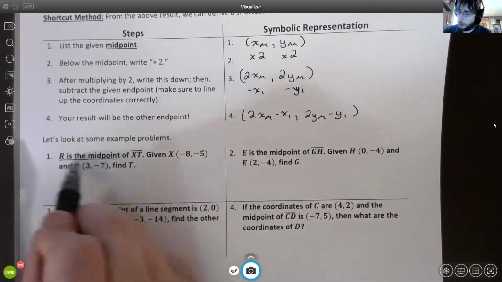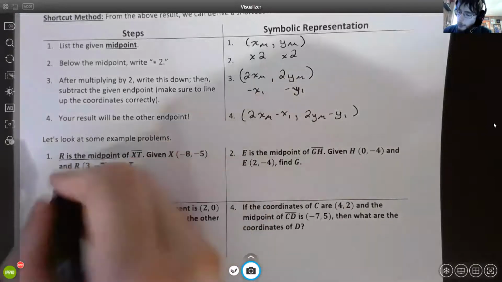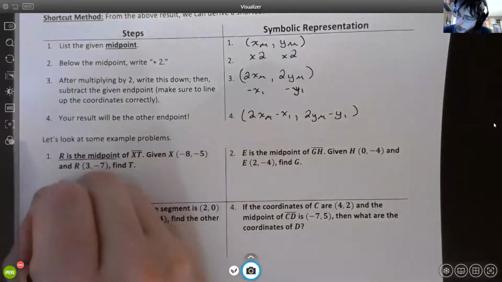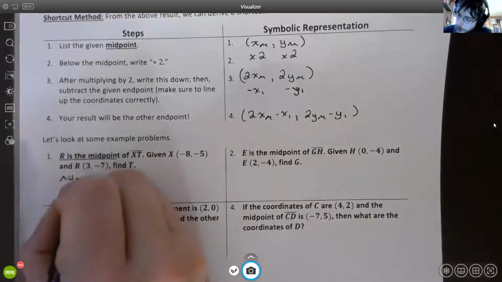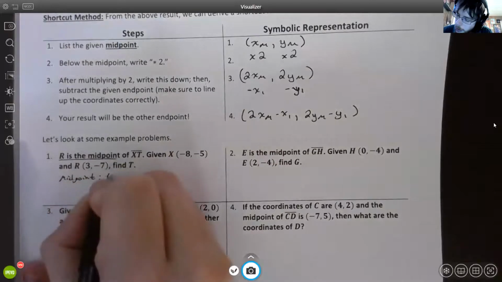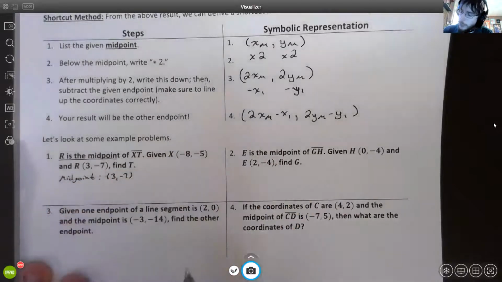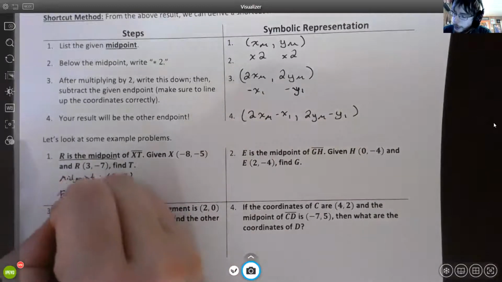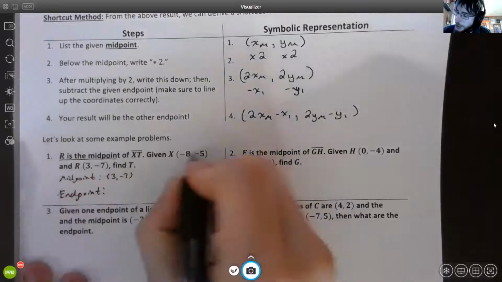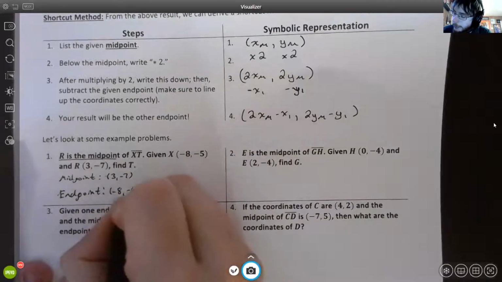So it says R is the midpoint, and we see that we have a midpoint here. So our midpoint is 3, -7, and our endpoint would be X, which is given as -8, -5.